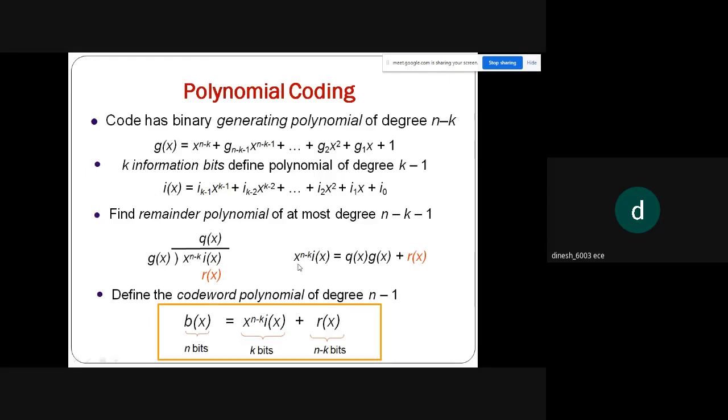Our x power n minus k of information I of x is equal to q of x, g of x plus r of x. We had written this, right? This is our generator polynomial. This is your quotient. This is your remainder. So that we are going to write now.